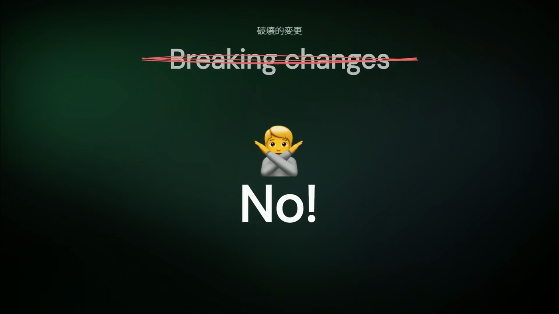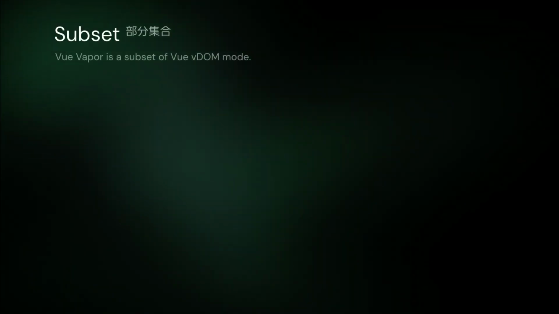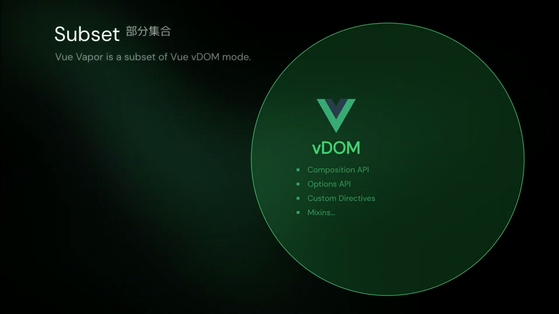So Vapor has so many improvements. Does Vapor have breaking changes compared to the virtual DOM? Not exactly. Vapor aims to be a subset of VDOM mode. First up, the current VDOM mode supports a bunch of features like Options API, Composition API, custom directives, mixins, and more.